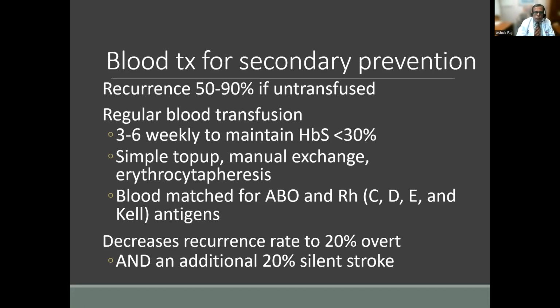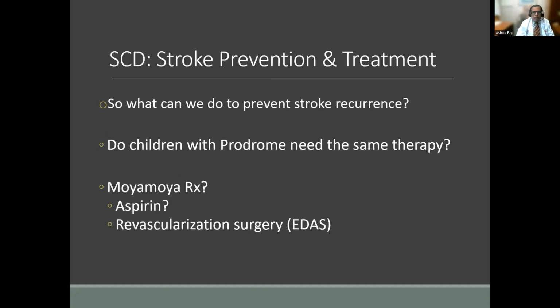And you definitely make an impact on development of second strokes once you place the patient on long-term transfusion. Of course, other things to consider: if they have moyamoya on MRA studies, you have to consider revascularization surgery, with our wonderful neurosurgeons helping us out. And with moyamoya disease, you also have to place the patient on long-term aspirin.